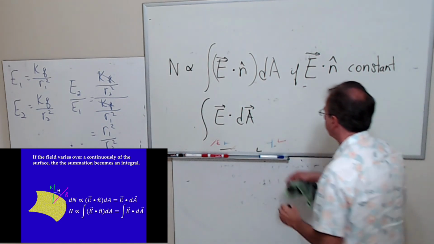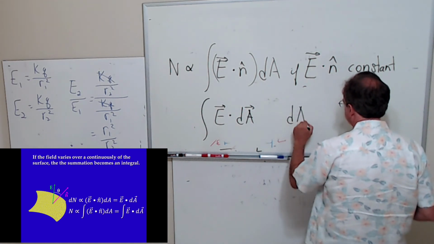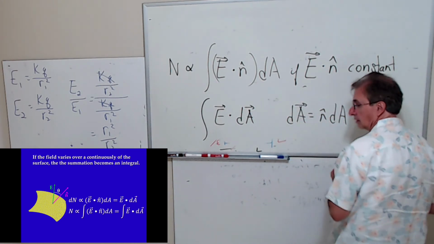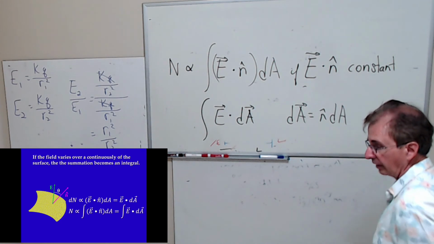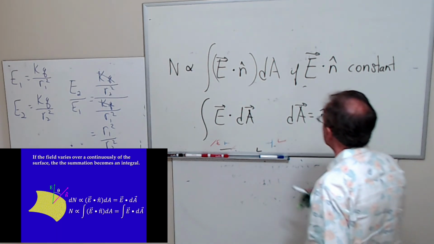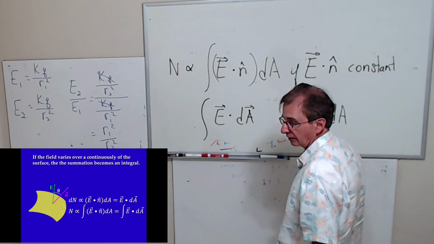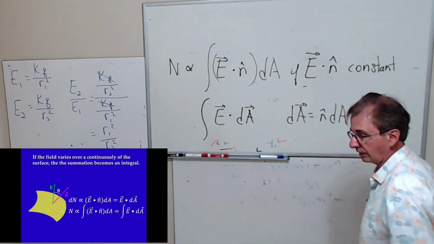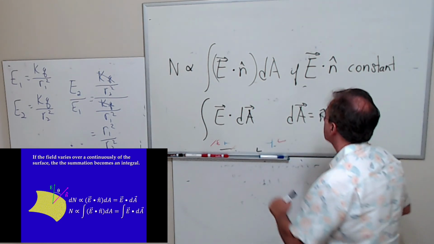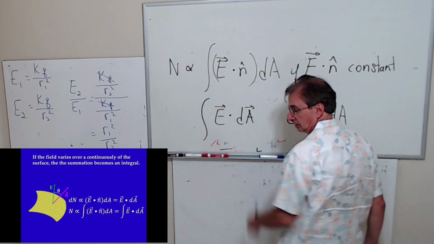Okay, they call dA the area vector. Basically, dA is n hat dA. Same thing. It's my preference. I usually write it that way. Either way is correct. Some faculty write it this way, because it allows me to see what the dot product is, that's all.